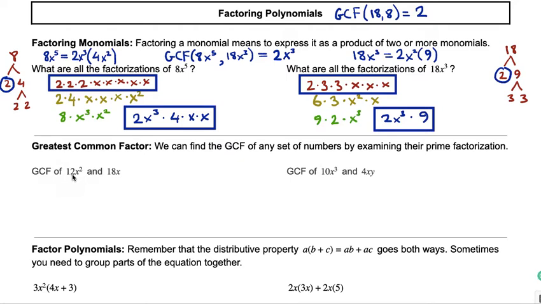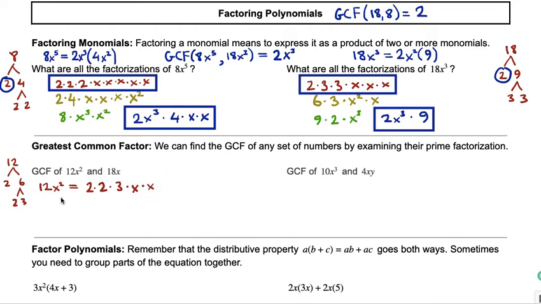Let's look at what we've got. We've got 12x. Well, our prime factorization of 12 is 2 times 6 and 2 times 3, just to show you there, right? So we get 2 times 2 times 3 times x.